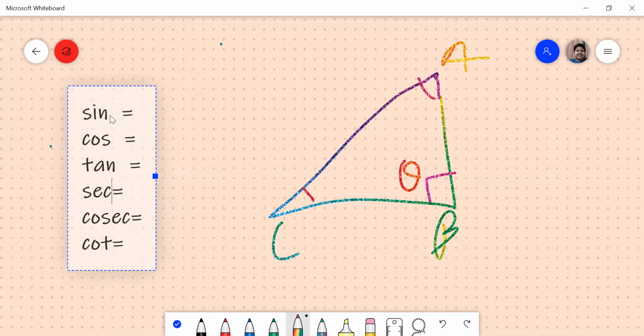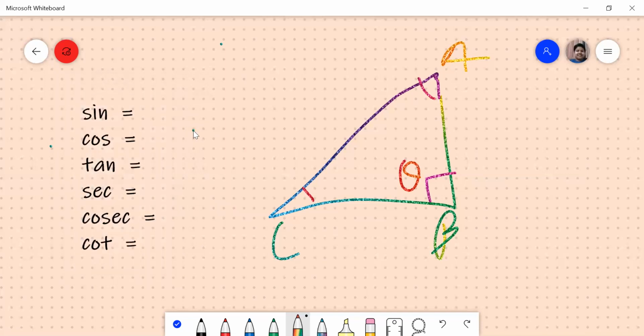We left the space because we always write theta in front of every trigonometric ratio. These are 6 trigonometric ratios.